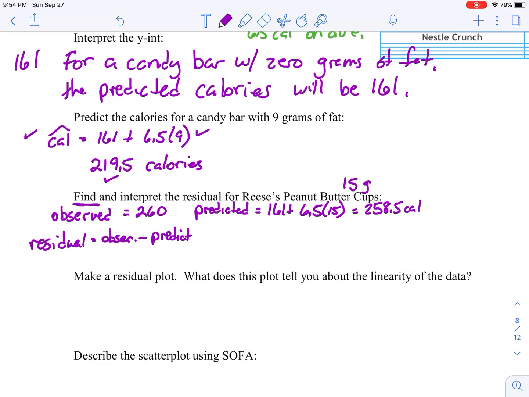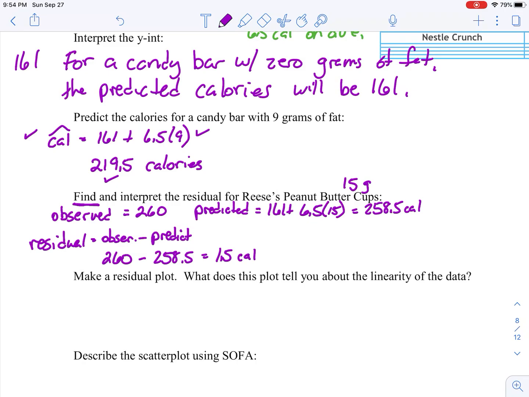So observed was 260 minus 258.5. So we end up with a residual of 1.5 calories.